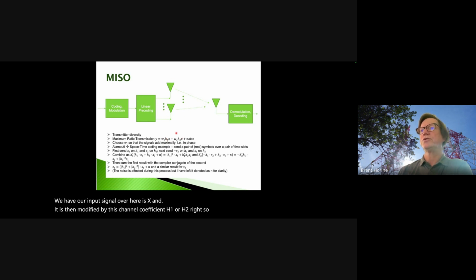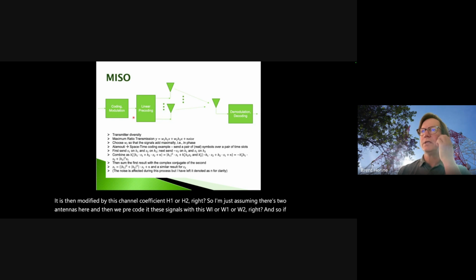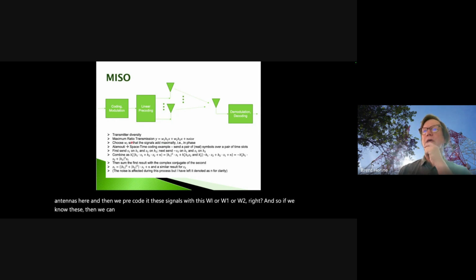I'm just assuming there are two antennas here. And then we pre-code these signals with W1 or W2, right? If we know these, then we can choose these Wi over here so that the signals add maximally, in other words, in phase at the receiver. So that would require feeding back information.